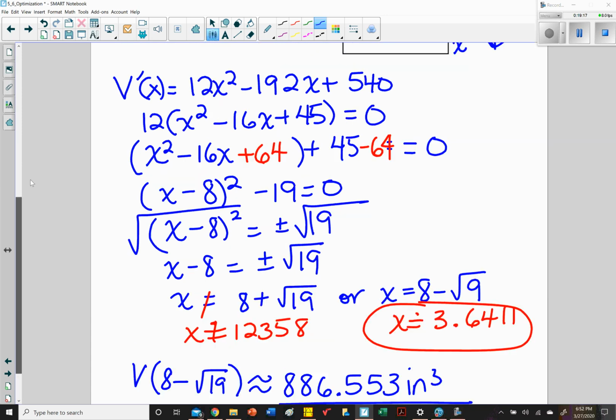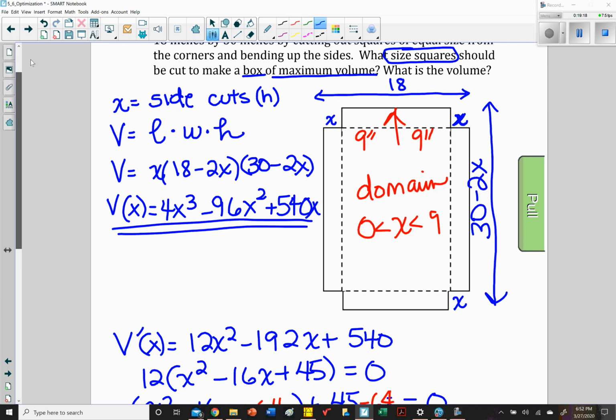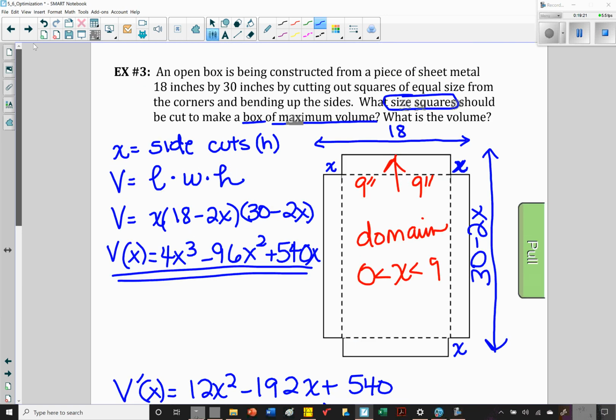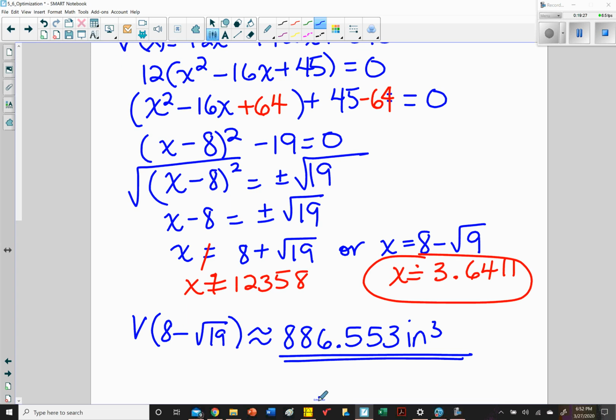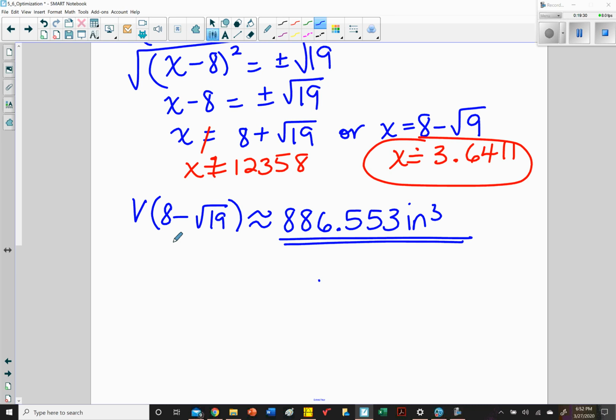And let's answer the question now. What size squares should be cut to make a box of maximum volume? What is the volume? So we could put all that together in one complete sentence.